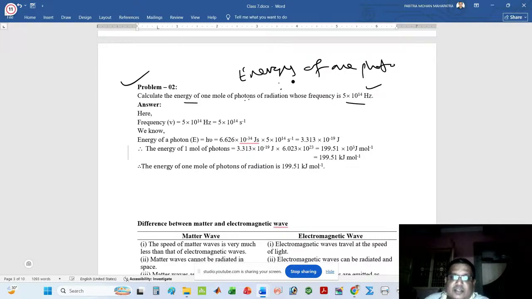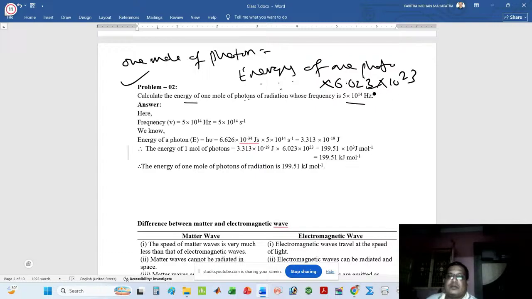If you find the energy of one photon, then you can calculate the energy of one mole of photons. How will you calculate? Multiply the energy of one photon with 6.023 into 10 to the 23. 1 mole is equal to 6.023 into 10 to the 23.